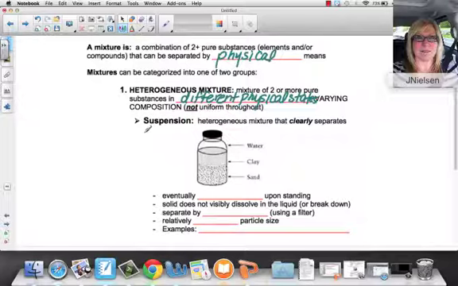Classified under heterogeneous mixture, we have what's called a suspension, and that's something that clearly separates. And here they give you an example of water, clay, and sand. So it eventually separates upon standing.